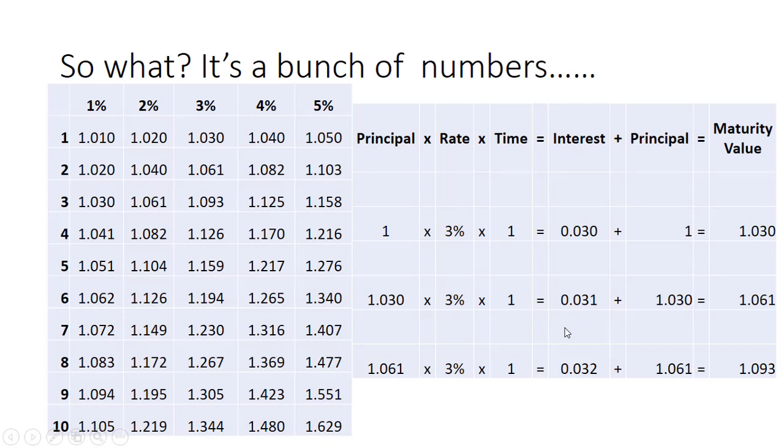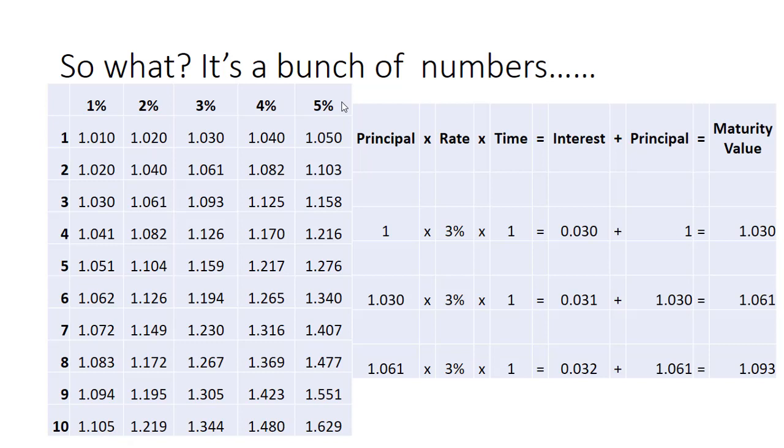So to start off with, let's go over what a time value table is. It looks like, honestly, just a bunch of numbers that are really neatly laid out, but there's a little bit more to it than just neat rows of numbers. Along the top, you have the rate or the percentage of interest that you earn. Sometimes they go in half percents.